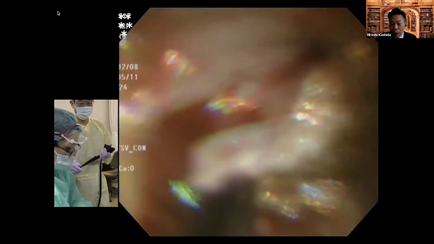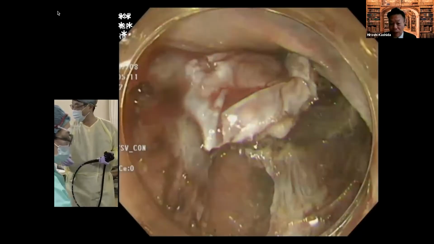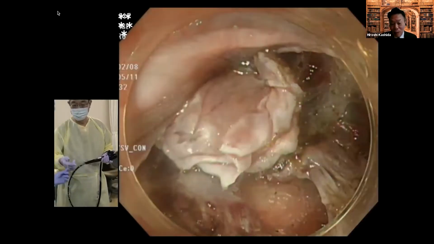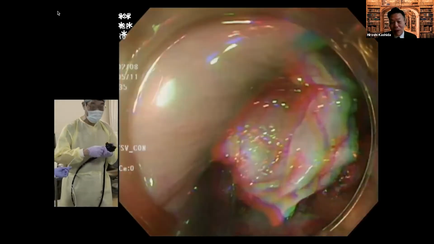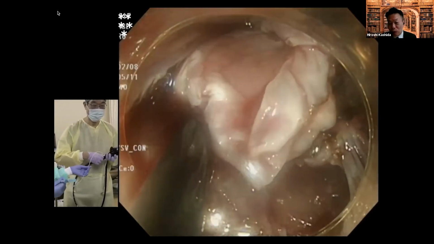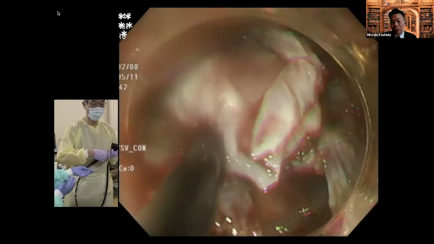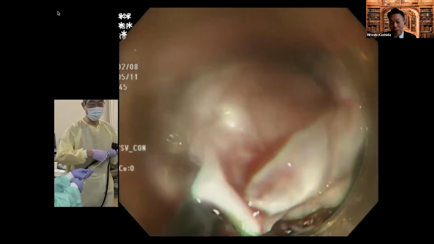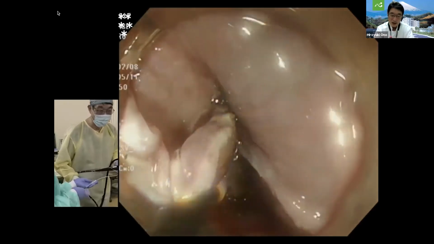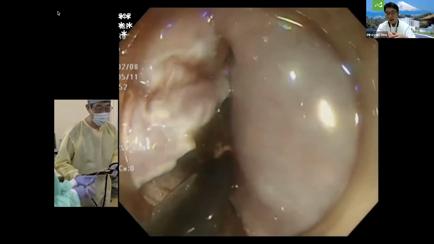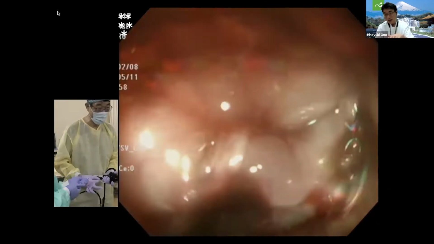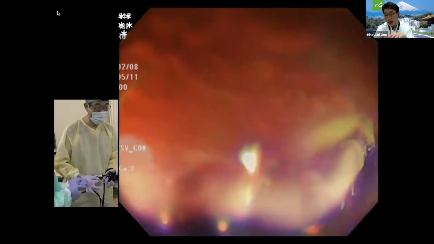In spite of the perforation, you continue with the dissection procedure. Some people might think that you had better put some clips on the perforation, but you do not do it now. When I suture by clip first, those clips sometimes disturb the procedure to continue ESD.